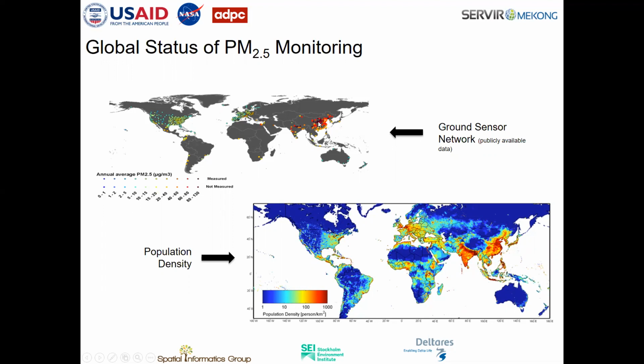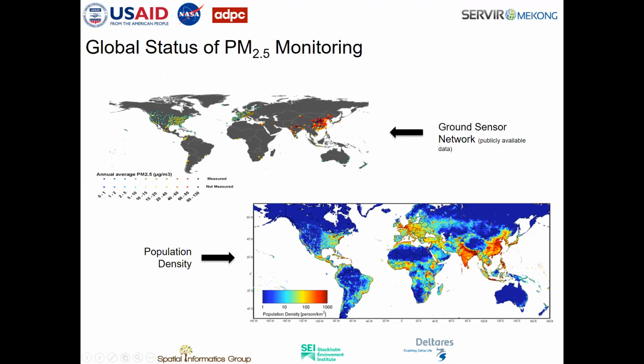And then look at the lower right. This map is the population density. What I want to say about these two maps is that you see some parts of India or Africa, or even the United States, where there are no station measurements at all.